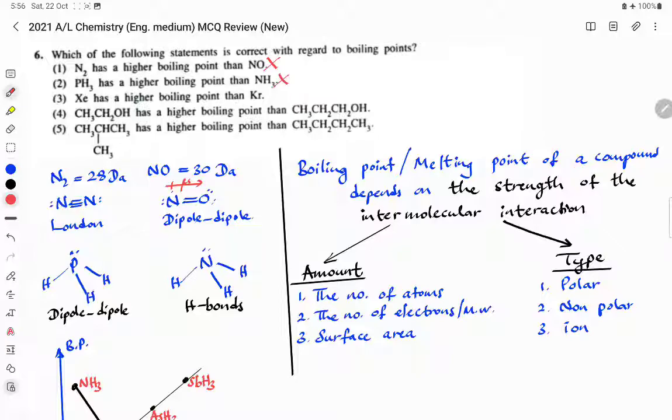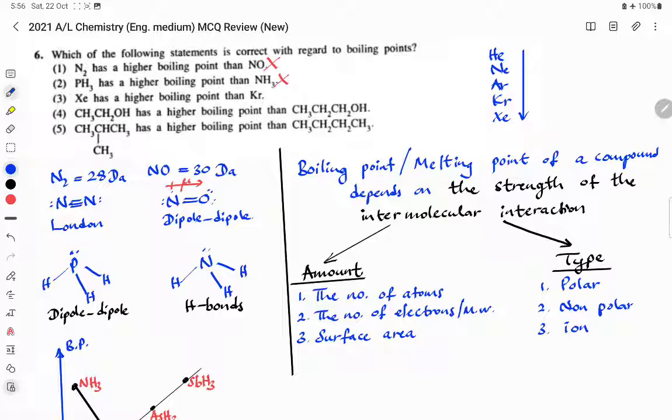Third one, xenon has a higher boiling point than krypton. Now, if you look at the noble gas series, helium, neon, argon, krypton and xenon. Down the group, their size increases because the number of shells increases. Therefore, the number of electrons increases, and the molecular weight increases.